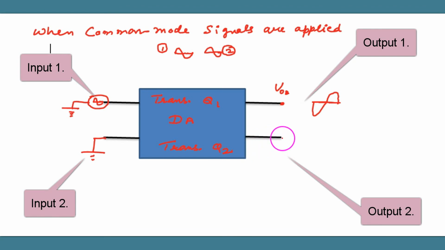And at the Vout number 2, we'll get a signal in phase to the V input number 1. So there are two signals, Vout1 and Vout2, and both are opposite in phase. Okay, that's the case number 1.